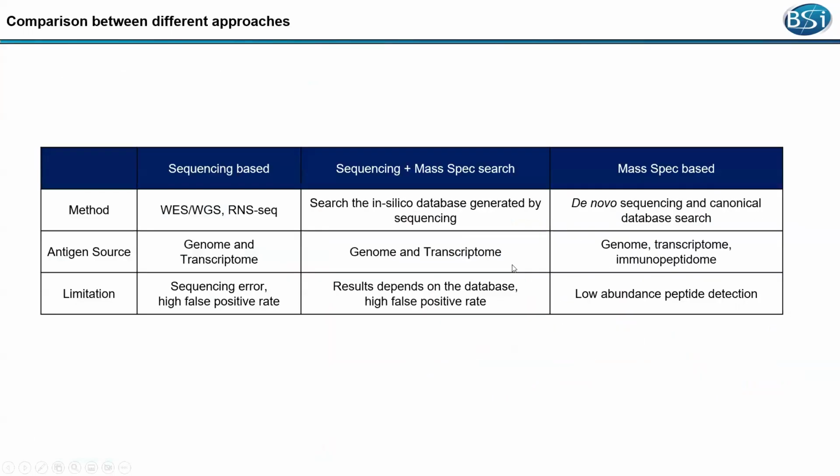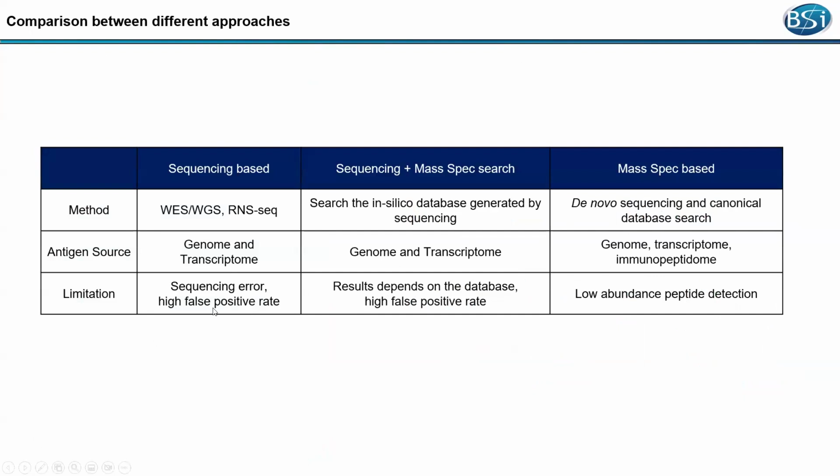Here is the comparison between different methods in antigen discovery. The sequencing-based methods are faster, and I would say cost-effective for large-scale screening, and they can provide a broad overview of potential new antigens across the entire genome.